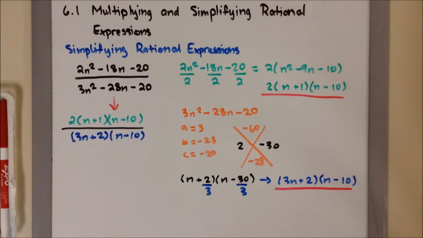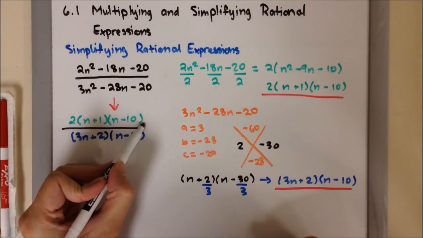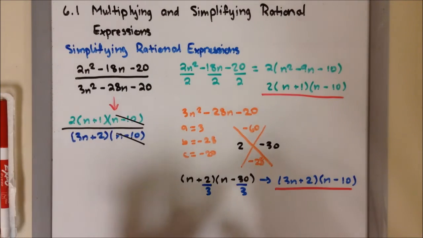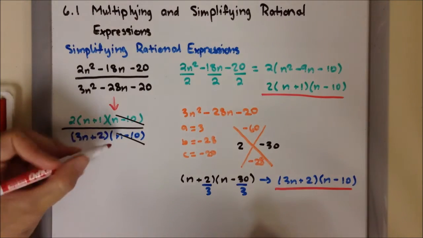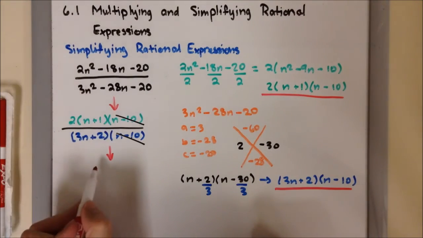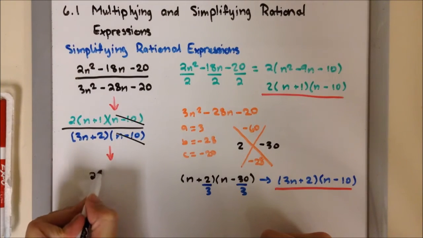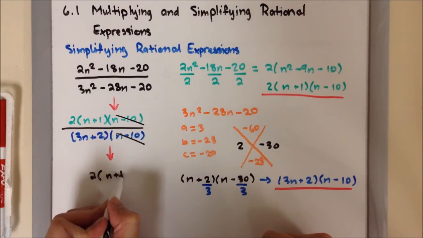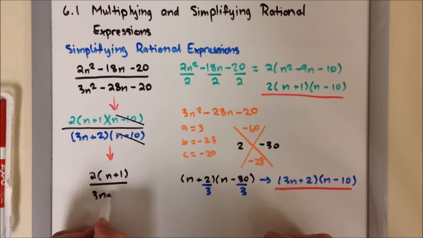Then you would divide common factors if you can. So I'm going to divide common factors from the top and bottom, n minus 10 here and n minus 10 here. So what I am left with is 2 times n plus 1 over 3n plus 2.